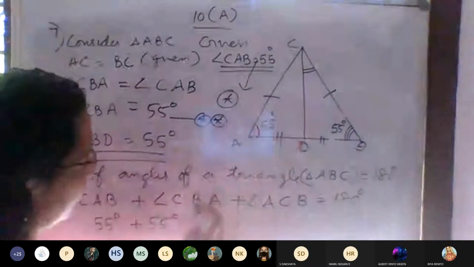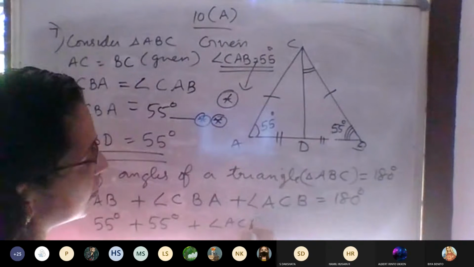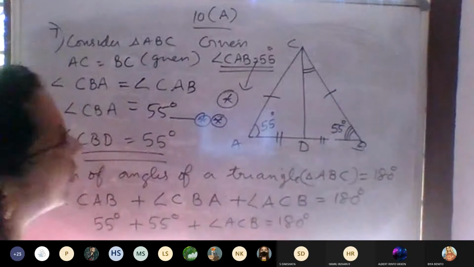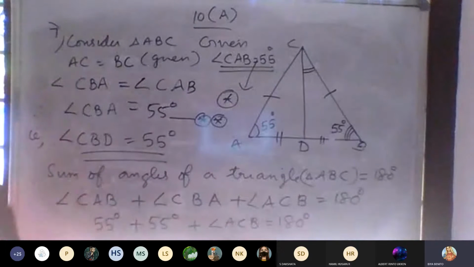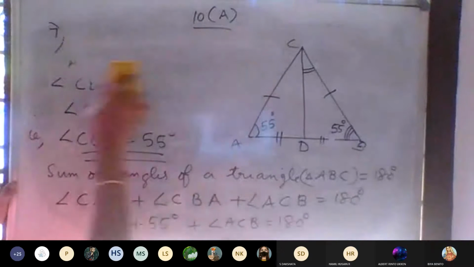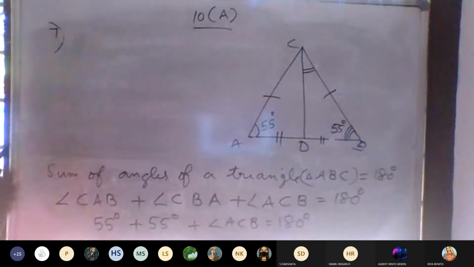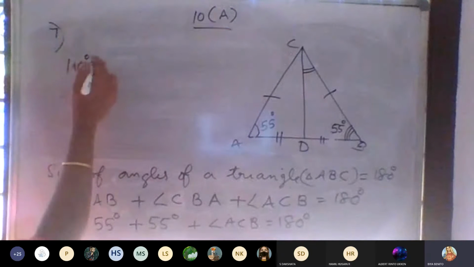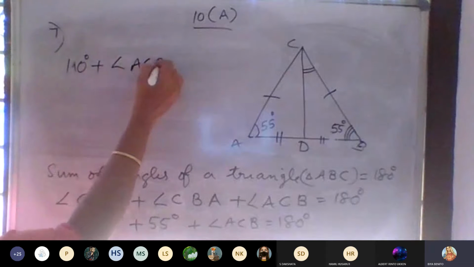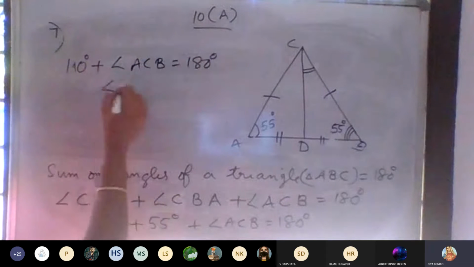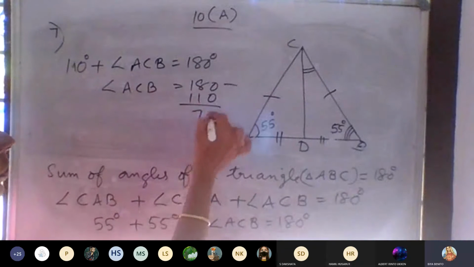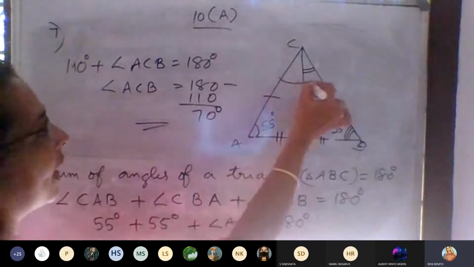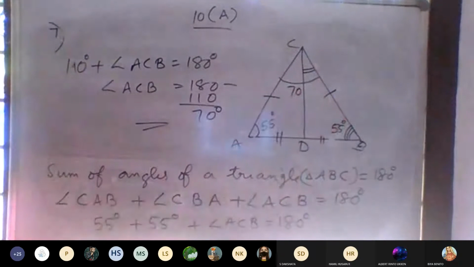Now look at this figure: 110 degrees plus angle ACB is equal to 180 degrees. ACB is equal to 180 minus 110, which is equal to 70 degrees. This whole angle ACB we got as 70 degrees.